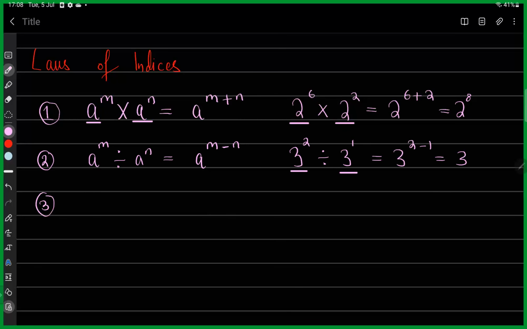Let's talk about the third one. If you have a base and a power, and then we have a bracket and then another power, you can multiply both these powers and write it as a power mn. For example, if you have 4 power 2 and then brackets and then 3, you can write it as 4 power 2 multiplied by 3, that is 4 power 6.